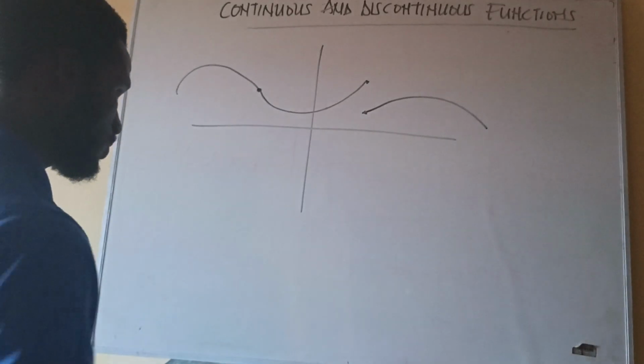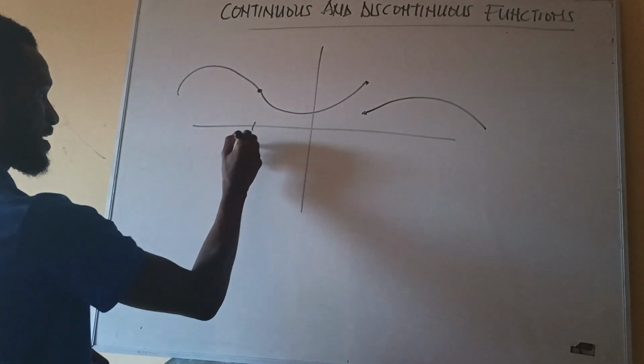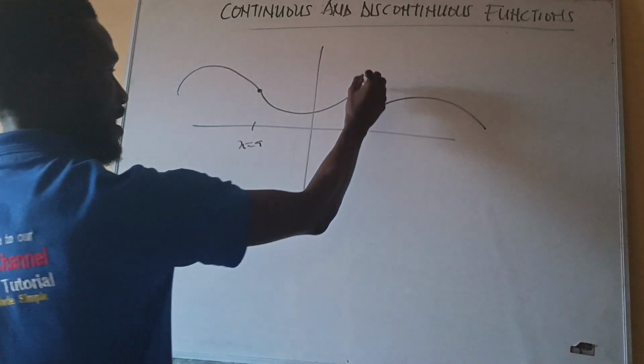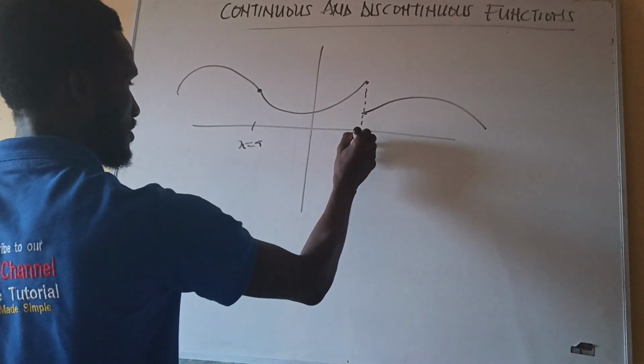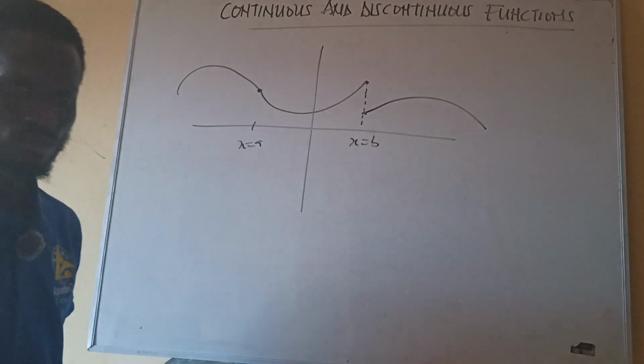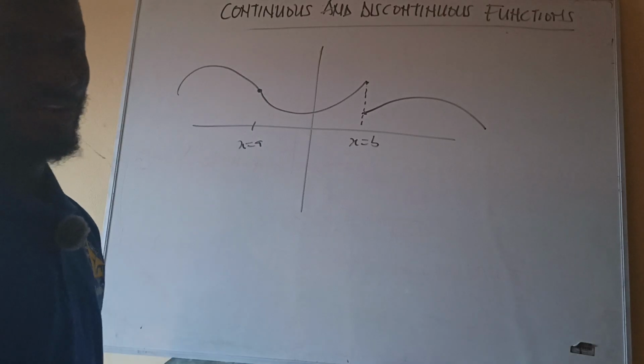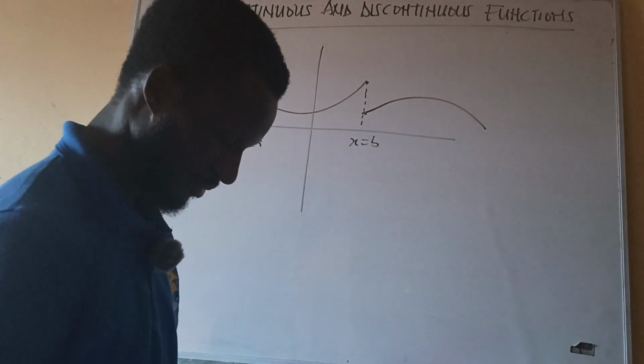Now let's consider this particular curve. Let's say at here x is equal to a, and at this particular point x is equal to b. Now let me explain this very well for you to understand.